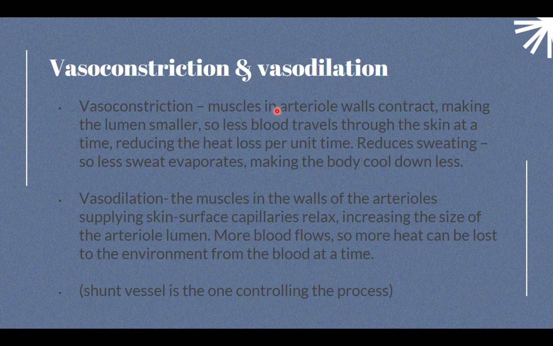Vasoconstriction is when muscles in the arteriole walls contract, making the lumen small. So your arterioles that I showed you in the picture earlier will become very thin, so less blood will reach the skin, reducing the heat loss per unit time.